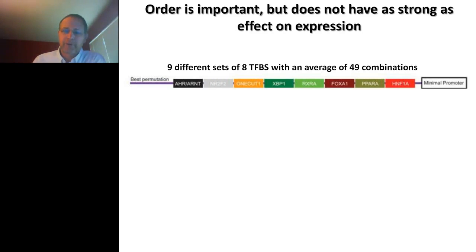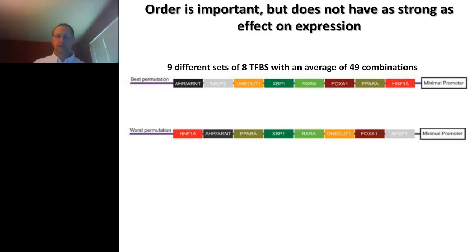So for example, these various 8 different transcription factor binding sites, we basically shuffle them 49 different times like a deck of cards. And so for example, we could have this sequence right here below that you see here, and that has exactly the same 8 transcription factors as the one above. The only difference is the order of some of these.